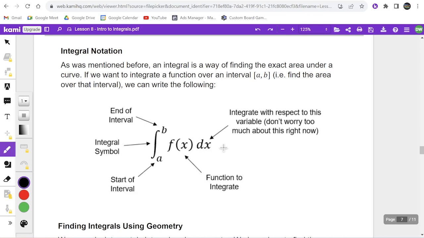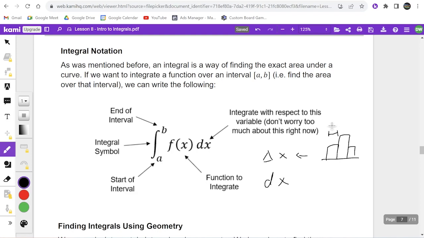And then the dx, well, remember this. Didn't we say delta x was the width? And delta x is just another word for dx. And do I want to explain why? Okay, fine. Delta x is just like your x distance. In other words, all your rectangles have whatever width they have, right?